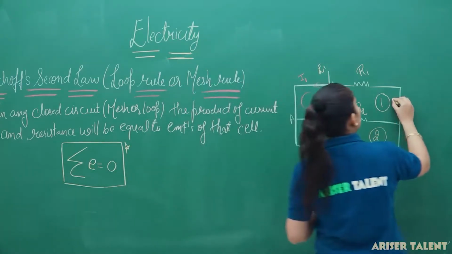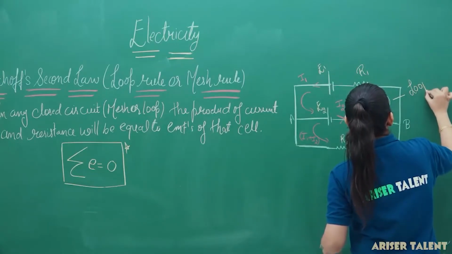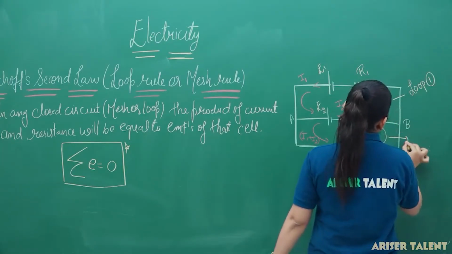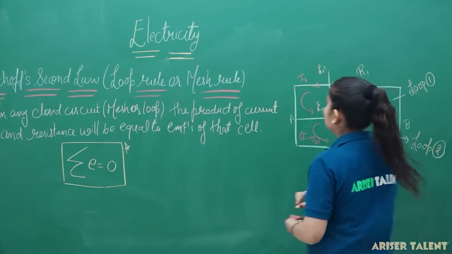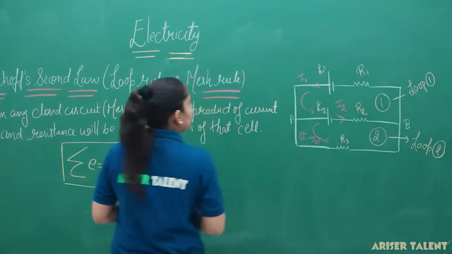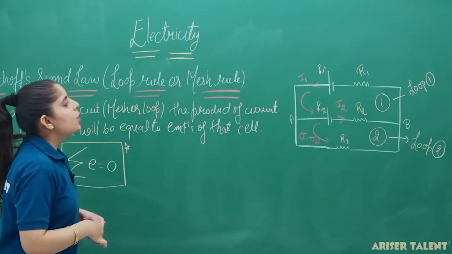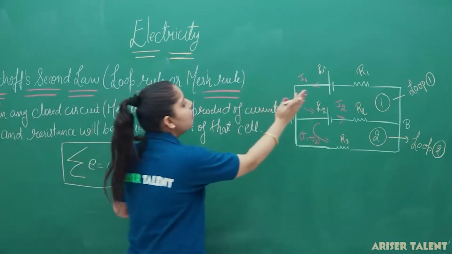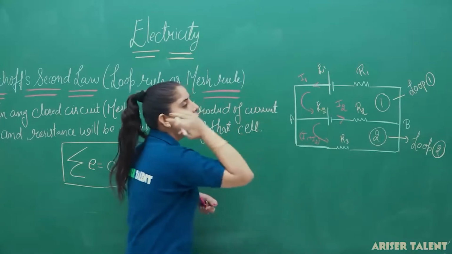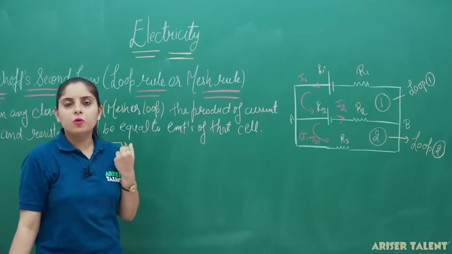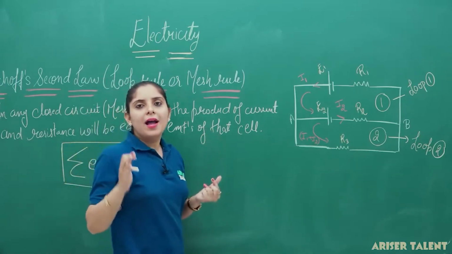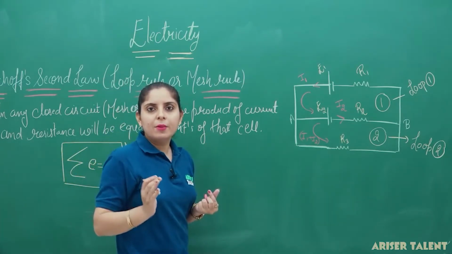So, this is our loop 1 and this is our loop 2. Now, let us set up the equations for loop 1. If I am going from here, what do we have to do? We have to keep the sum of EMFs equal to 0. So, the product of I and R will be equal to the EMF of that circuit.